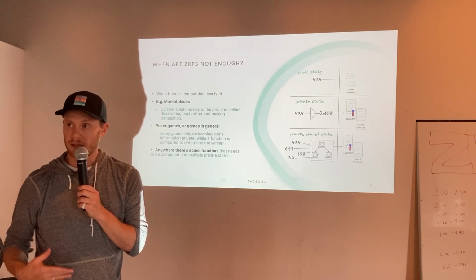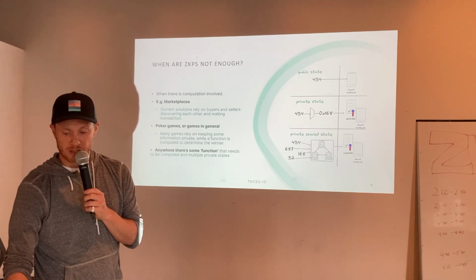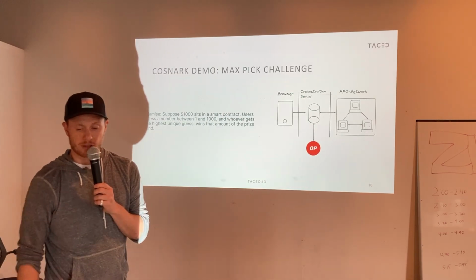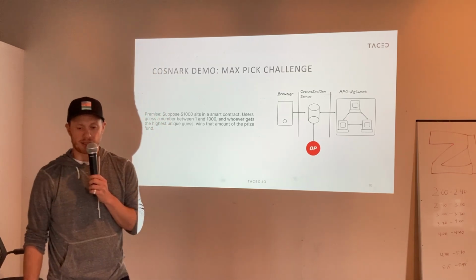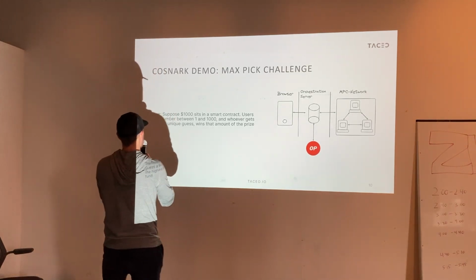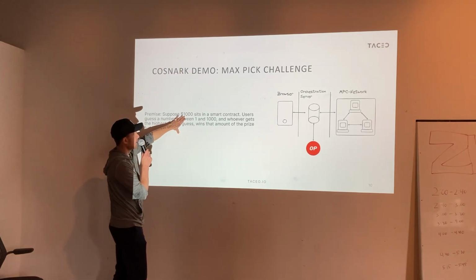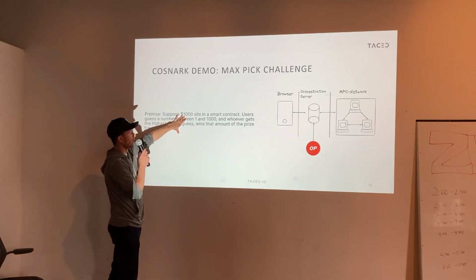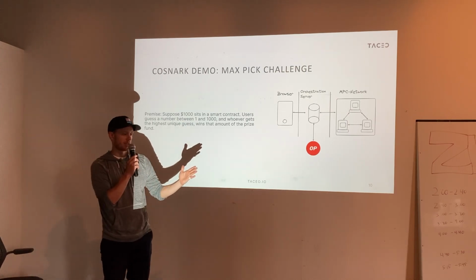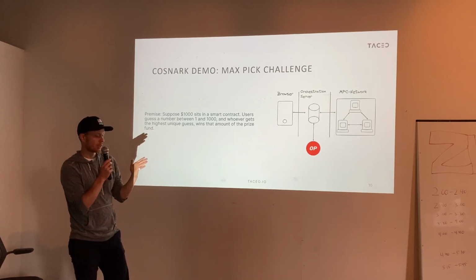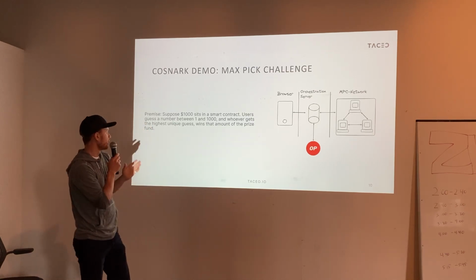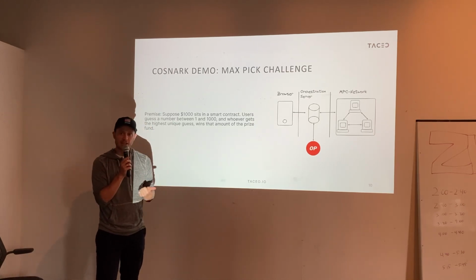And to show this, we have created our own demonstration, which we did during EthCC this year, which we called the Max Bid Challenge. This was a very simple guessing game. Suppose we put 1K into a smart contract, and users had to guess a number between 1 and 1,000. How would we decide on a winner? The winner would be the person that has the highest unique guess.